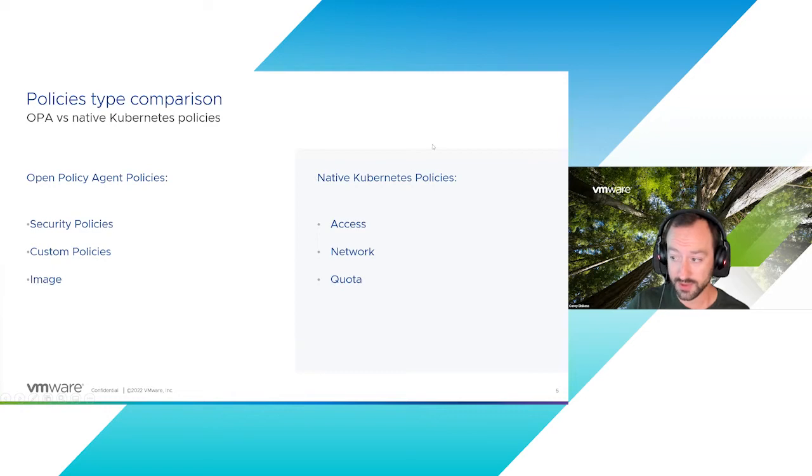The other policies that you see here on the right are all implemented using native Kubernetes policies. Not to be confused with pod security policies, just native constructs that are already available in Kubernetes. So things like the cluster role bindings are utilized for the access policy, for example.